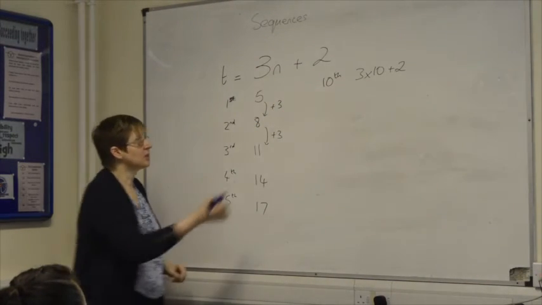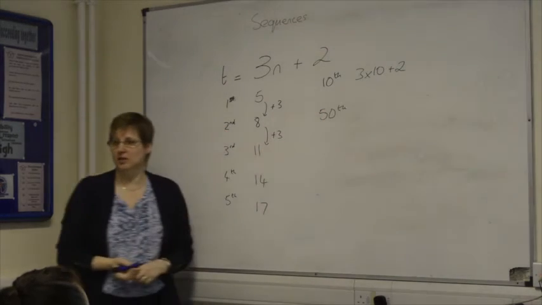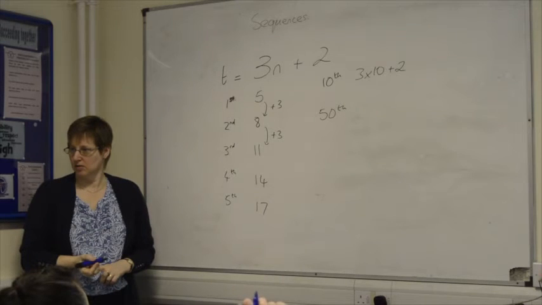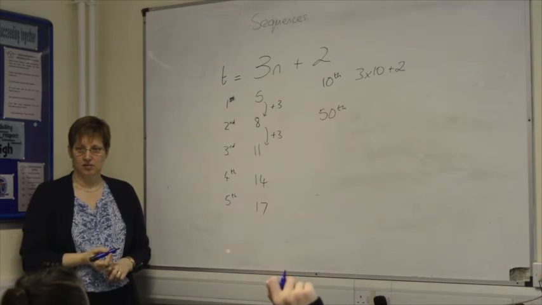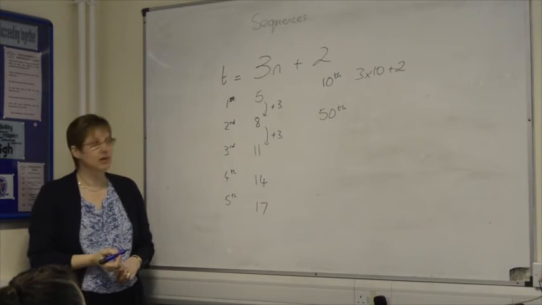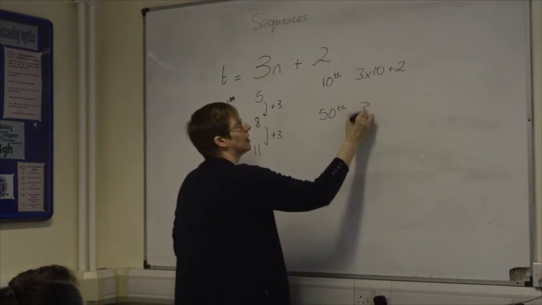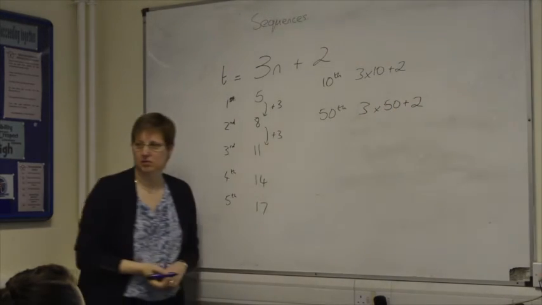So what about if I wanted the 50th term in that sequence? What about the 50th? Would you do 3 times 50 plus 2? Brilliant. 3 times 50 plus 2.